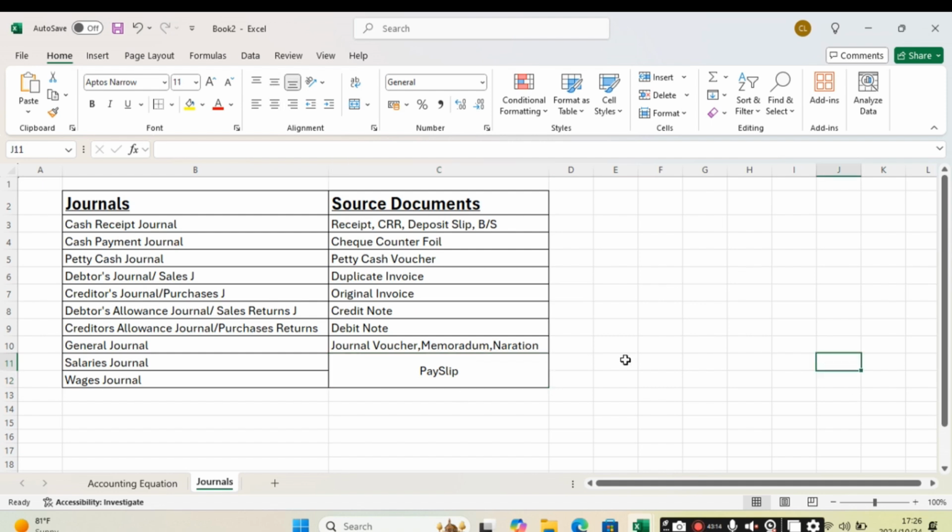So this will be our pay slip. So this is everything concerning our source documents.